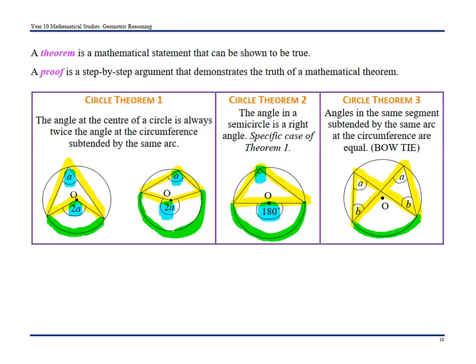That means that this angle is equal to that angle. Similarly, we also have an arc on the other side, so that angle has to equal that angle. Just note that that's based on having the two arcs on either side.